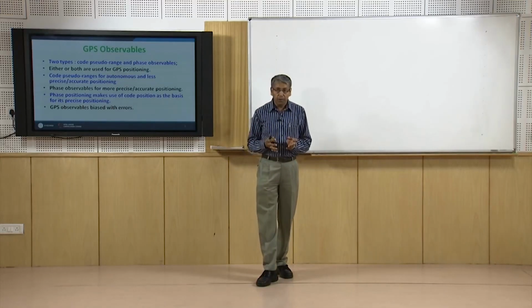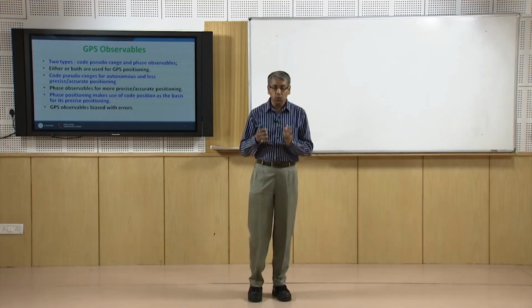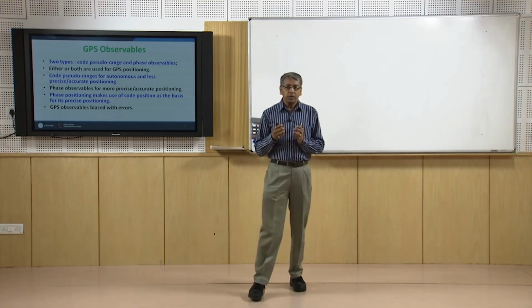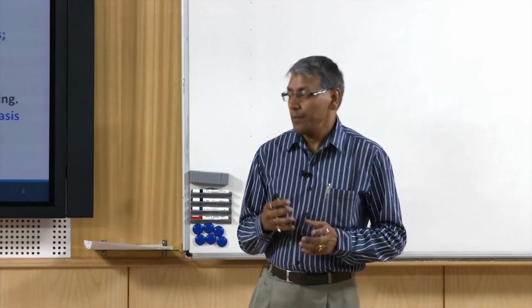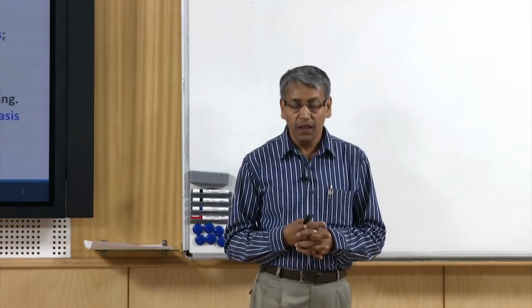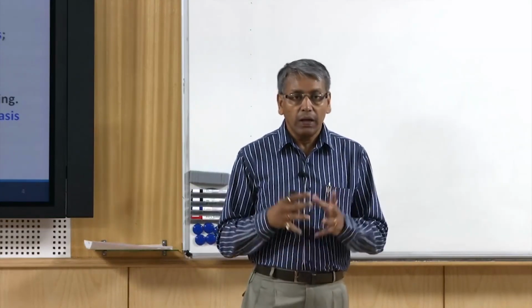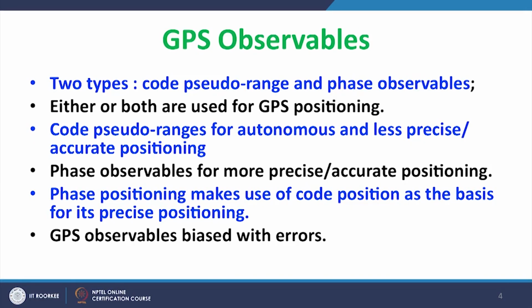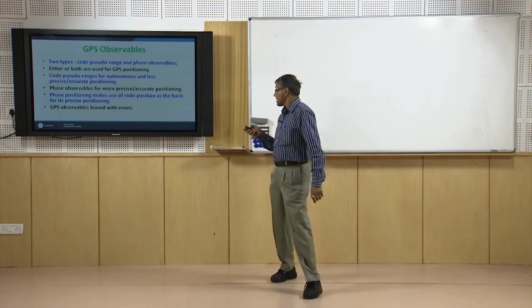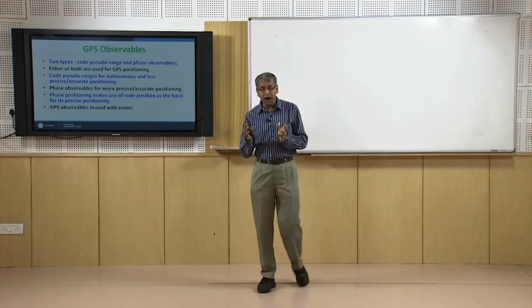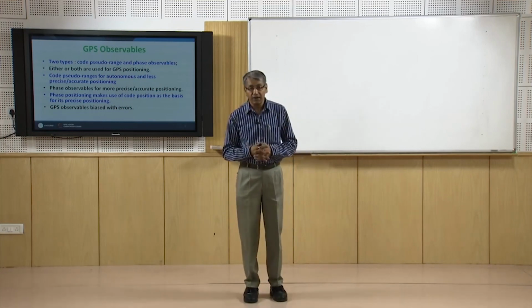Now what is a GPS observable? GPS observables are the parameters which are available from the GPS signal, and there are 2 types of GPS observables that we are specifically interested in for GPS positioning, that is code pseudo range and phase observable. These 2 observables differ based on which part of the signal they are derived from.